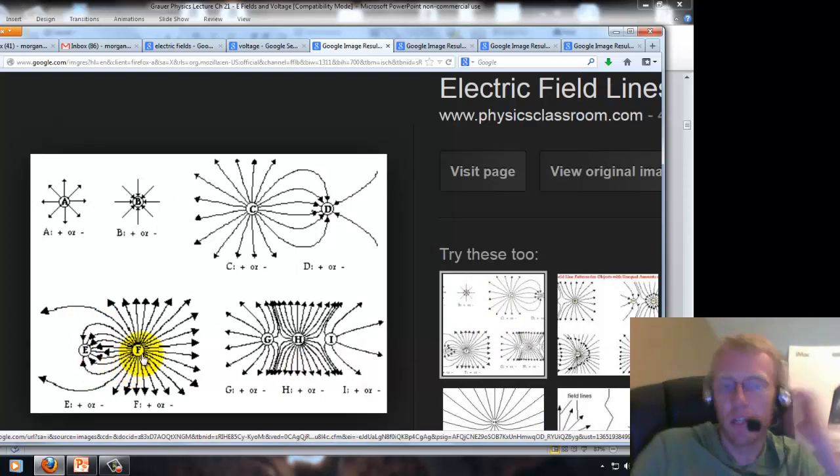Okay, let me look at these two. This one is even more dramatic. Here, this one is a little bit more charged than this one, but they're close to being the same charge. This one, F1, has way more charges than this E here. And this one is positive again, this one is negative again. Because it has so much more positive charge, the amount of repulsion away is going to be a lot higher than the amount of attraction towards this one.